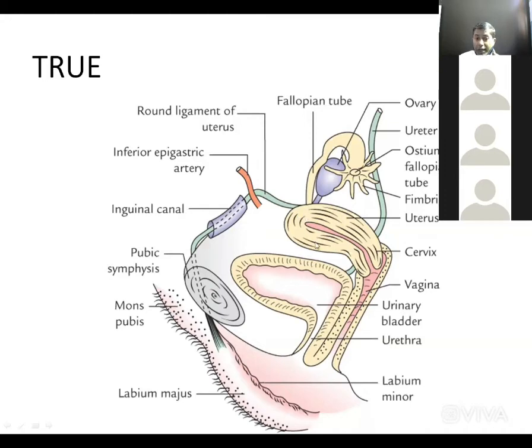So the round ligament is attached to the lateral angle of the uterus where there is the opening of the fallopian tube. Then it runs forwards and downwards, winds around the inferior epigastric artery, passes through the deep inguinal ring, the superficial inguinal ring, and the inguinal canal, and then divides into septa to be attached to the labia majora.